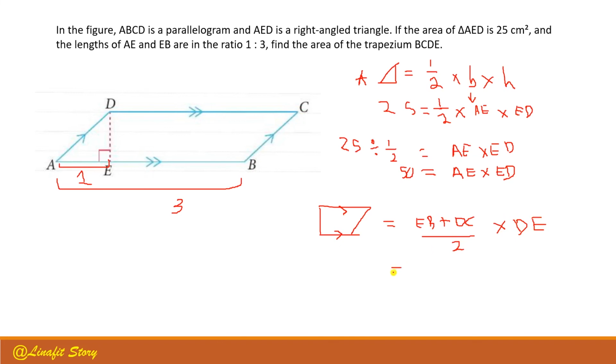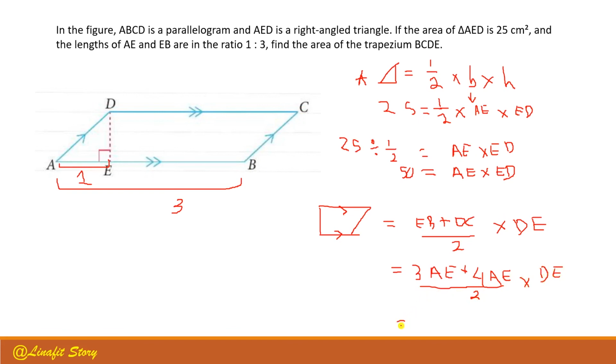So EB is 3AE plus DC. DC is 4AE. Divided by 2 times DE.